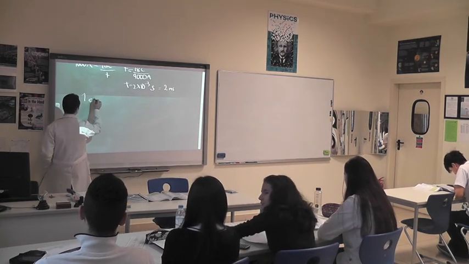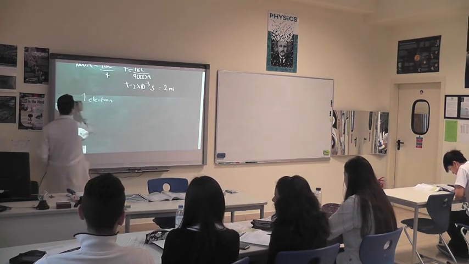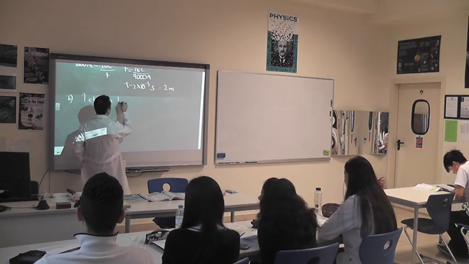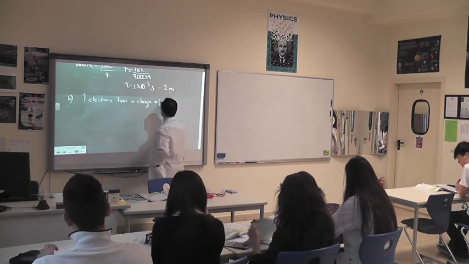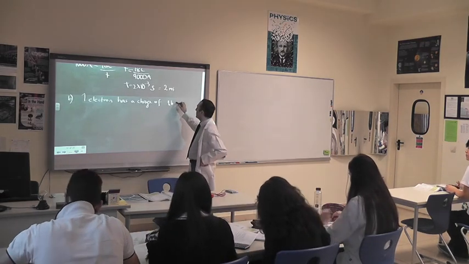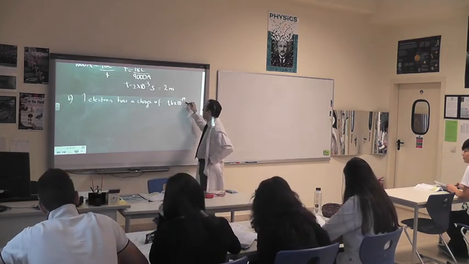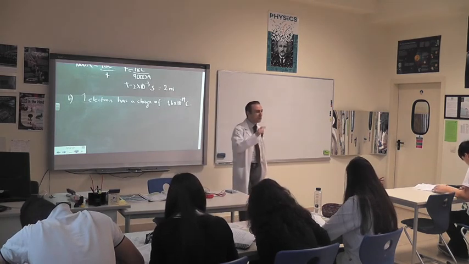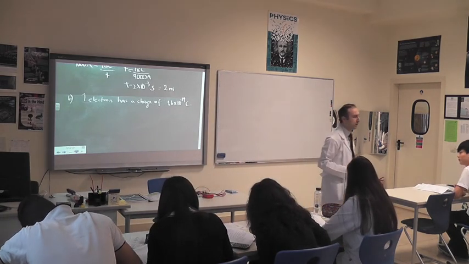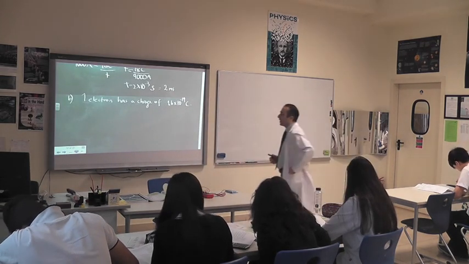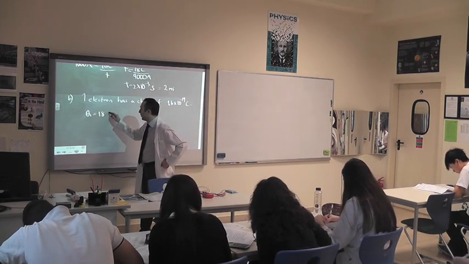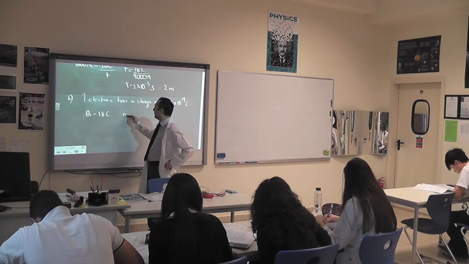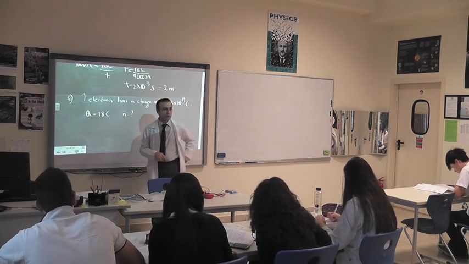One electron, that's part B, has a charge of, please write this down, 1.6 times 10 to the power of minus 19 coulombs. If this is the charge of one electron, and we have total charge of 18 coulombs, how many electrons do we have? Let me represent it with N.